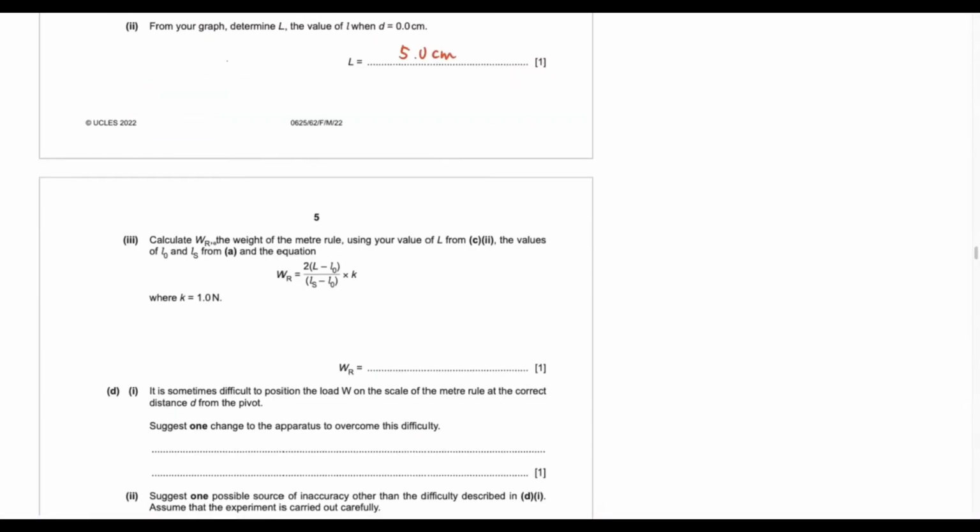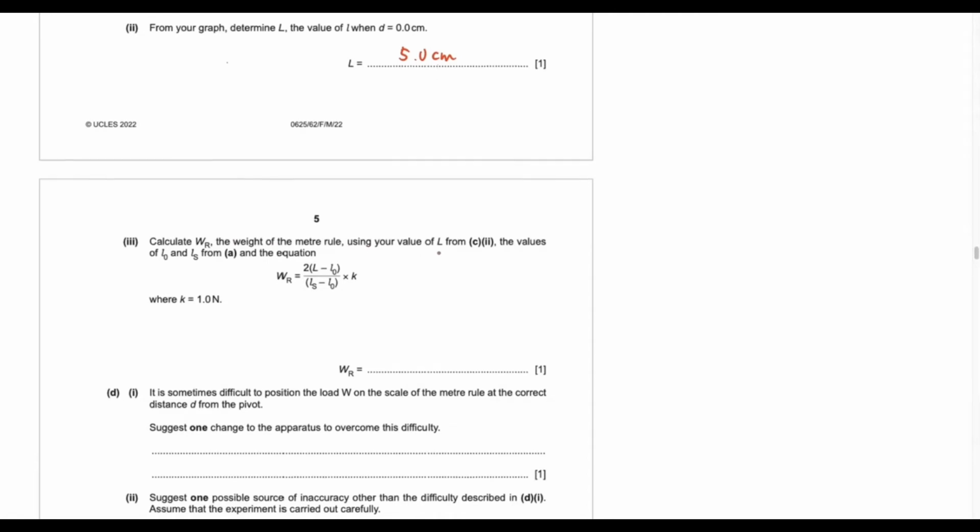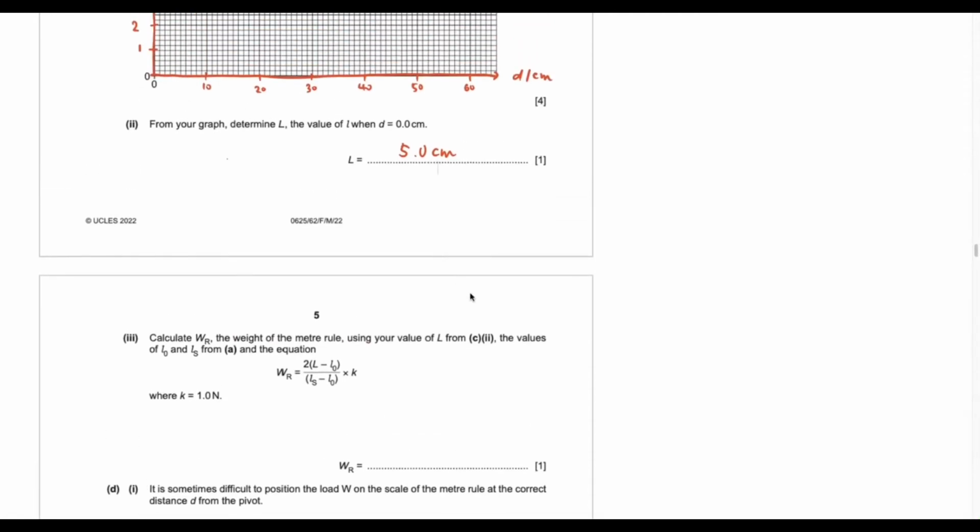Calculate WR, the weight of the meter rule, using your values of L from part C2, the values of L0 and LS from A, and the equation given here, where K equals 1.0. They give you a formula where you don't know what kind of formula this is, but it doesn't really matter.